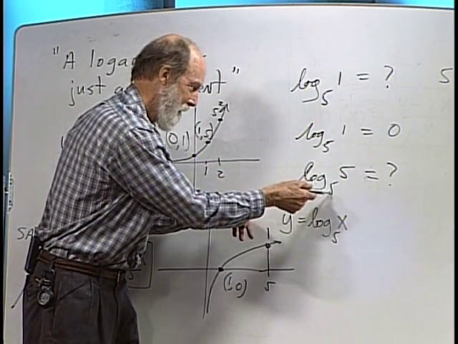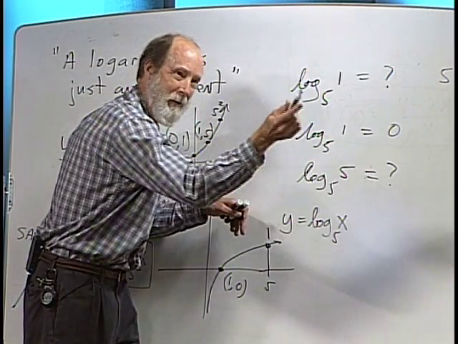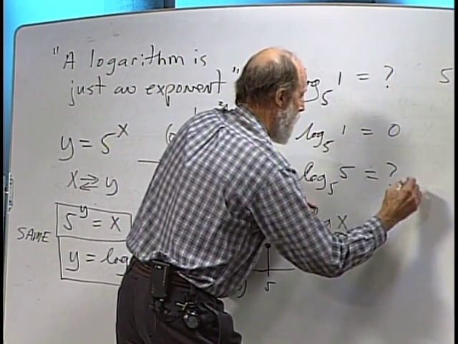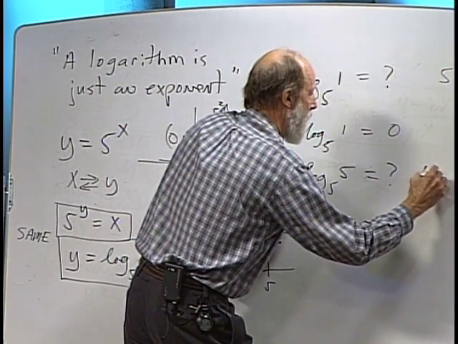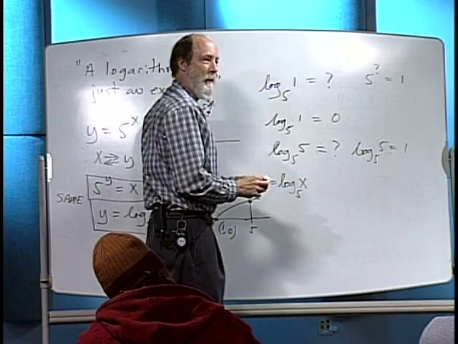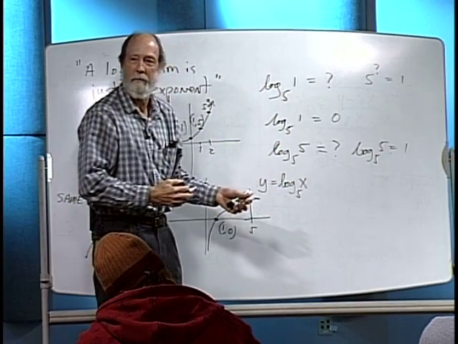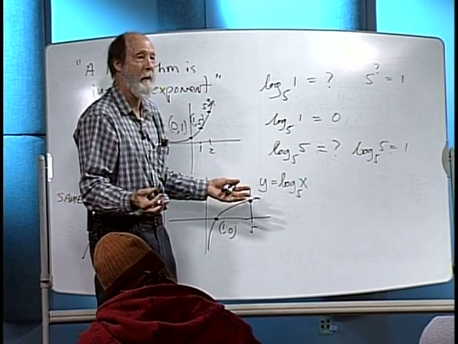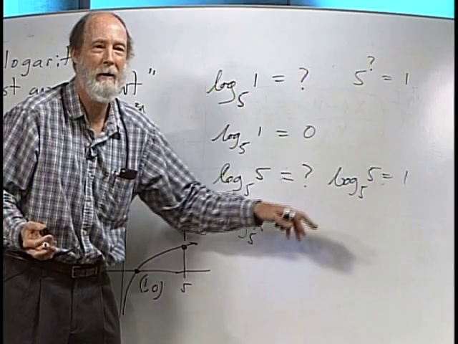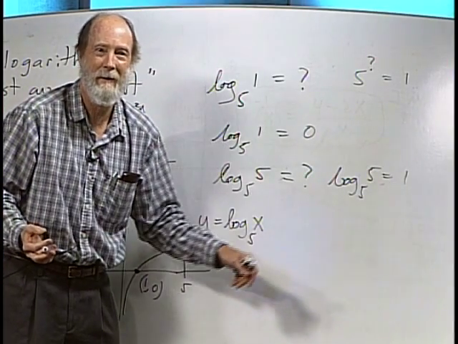What's the exponent of 5 that gives you 5? As Max said, it's 1. The answer here, log base 5 of 5, is 1. What if it was a different logarithm? What if it was a log base 10? Log base 10 of 10 would be 1.